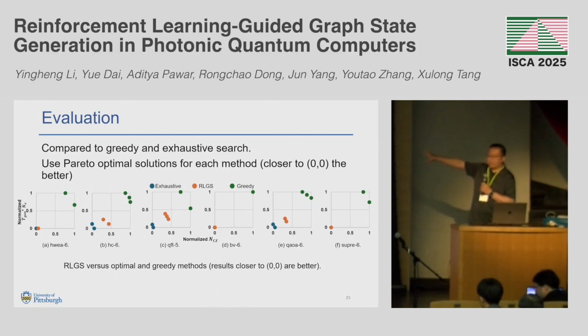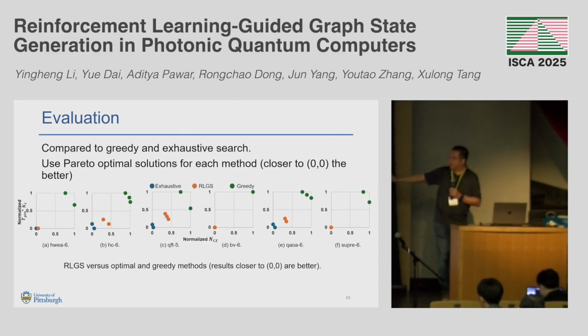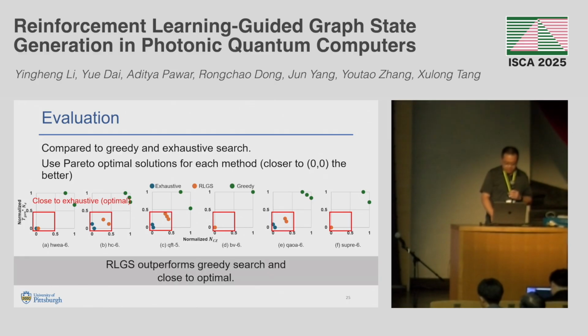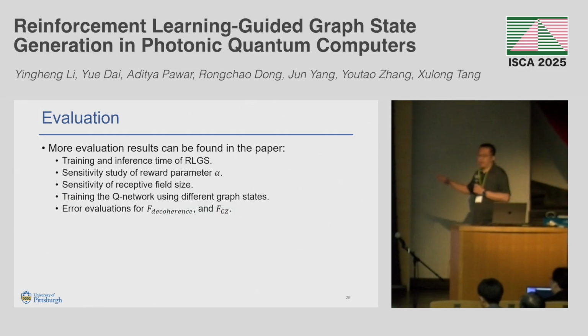The greedy one is shown in green here. You can see that the reinforcement learning approach, which is the orange node here, is close to the optimal. For other results, please find them in the paper, like complexity, discussion, sensitivity, and so forth.